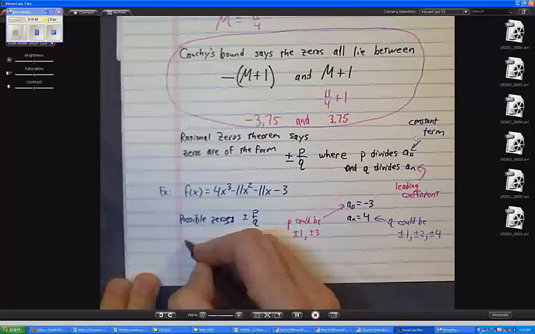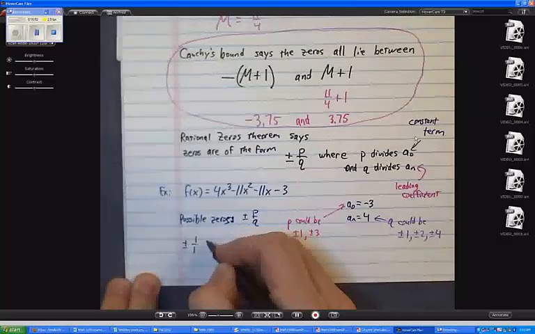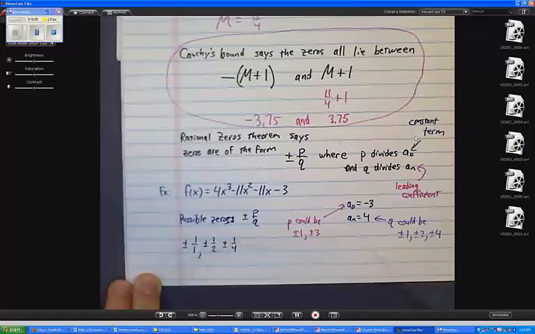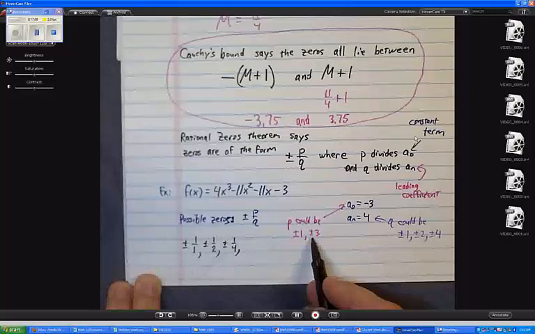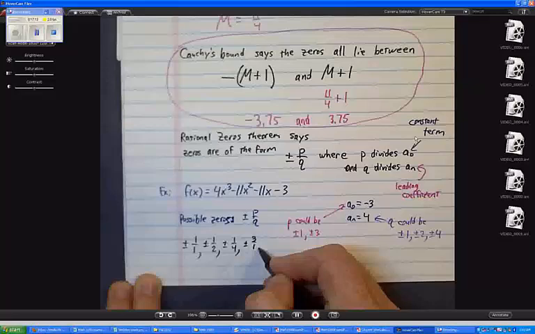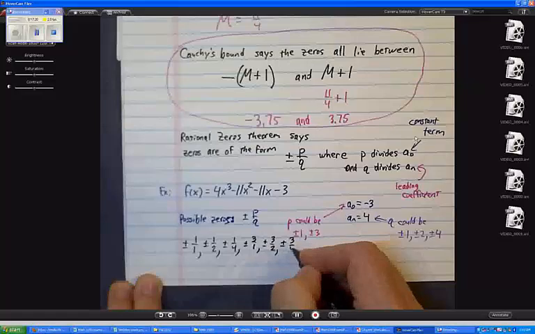So I could do plus or minus 1 over 1, plus or minus 1 over 2, plus or minus 1 over 4. Because remember, Q could be 1, 2, or 4. Also, P could be what? Plus or minus 3, right? So plus or minus 3 over 1, plus or minus 3 over 2, plus or minus 3 over 4.